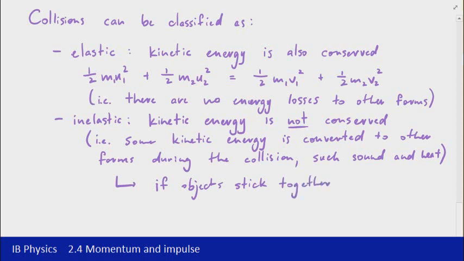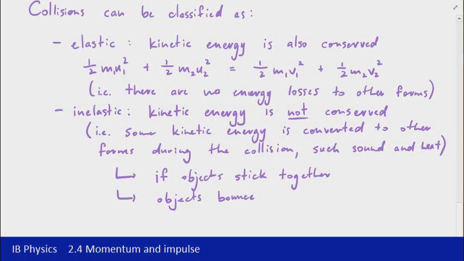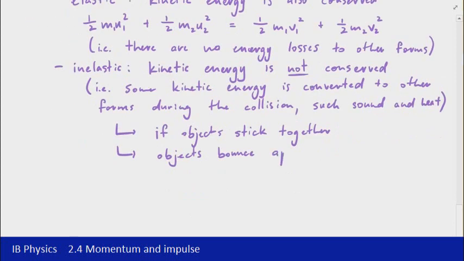But you also need to be aware that objects can bounce apart. So if objects bounce apart, that could be an inelastic collision, but we'd need to analyse the kinetic energy in order to determine whether or not it is inelastic or elastic.